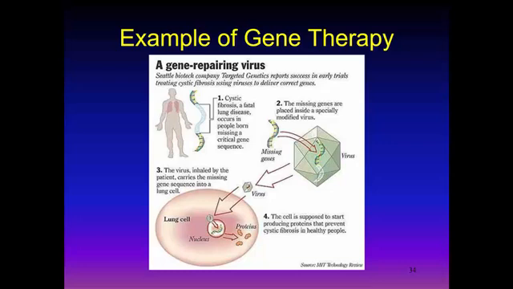One of the ways they're doing this is by infecting you with a virus that has the bad genes taken out and the good normal gene put in, and the virus goes into the cell and puts that gene back into your genome. They're using this to actually treat cystic fibrosis, hoping that they could use this to fix other genetic diseases.